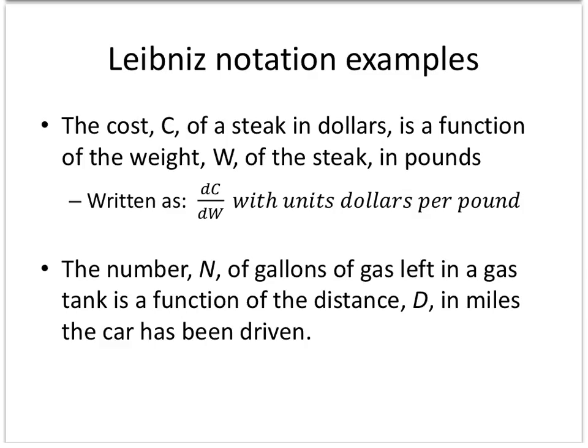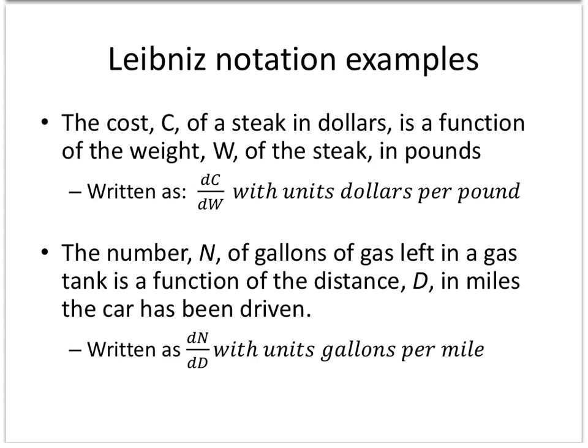If I have the number N of gallons of gas left in a gas tank as a function of the distance D in miles, I can simply write this as a derivative, how it's changing. The gas is leaving the car, so the number of gallons is going to go down in this case. So you could even say that with larger steaks this would be a positive derivative, and this would be a negative derivative as I continue.